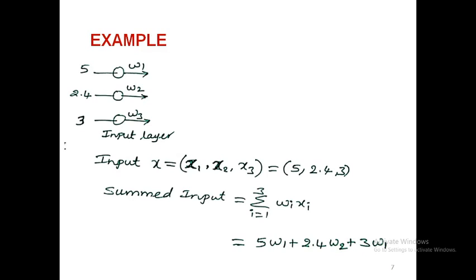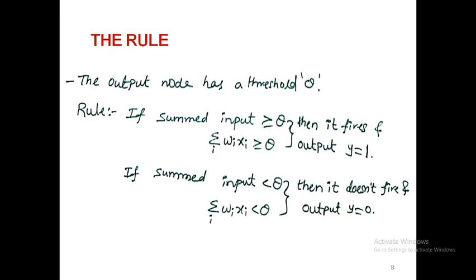That's why it will become 5 into W1 plus 2.4 into W2 plus 3 into W3. So like this, your inputs will be multiplied with the corresponding weights.